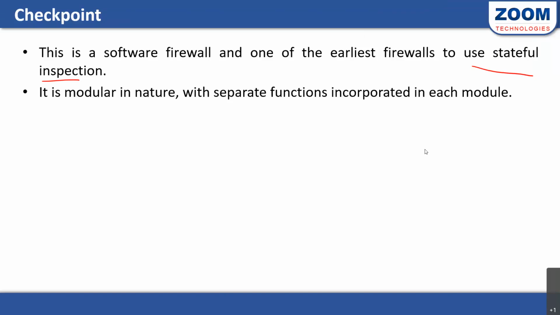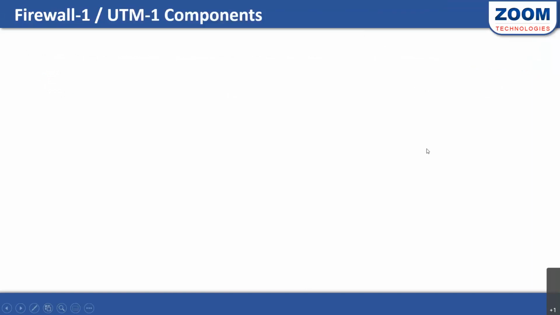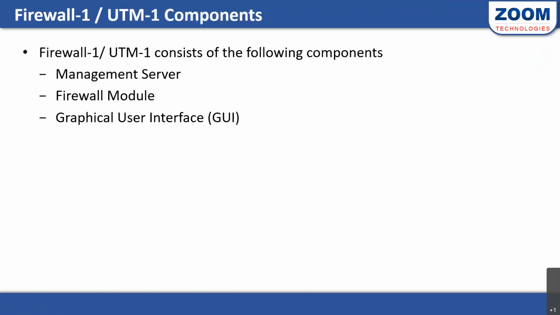So when you speak of different modules in Checkpoint, we have three modules, namely the GUI, the graphical user interface, the management server, and the firewall.